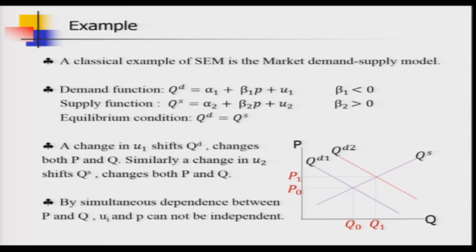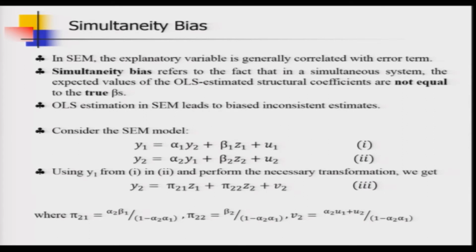These are the structural coefficients that I am talking about. Why are they called structural? Because they are coming from behavioral equations, as they are portraying the structure of an economic model, or the behavior of an economic agent. In this market story, the economic agents are consumers and producers, needless to say. So, the coefficients appearing in the demand function and the supply function are called the structural parameters or coefficients.